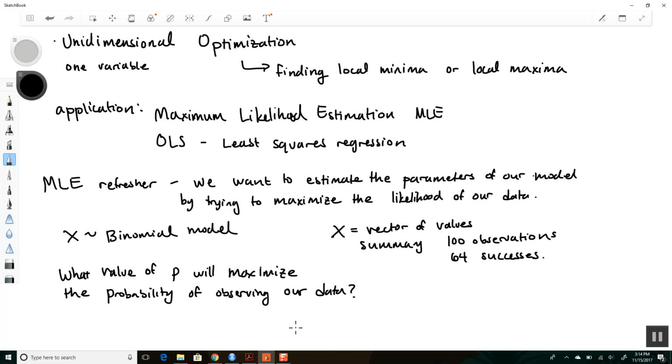So with the binomial model, we have a PMF, probability mass function. This is basically N choose X with P raised to the X and 1 minus P raised to the N minus X. I'm hoping it looks familiar.